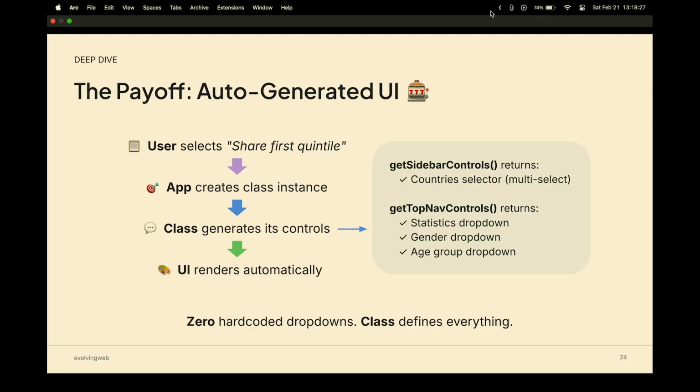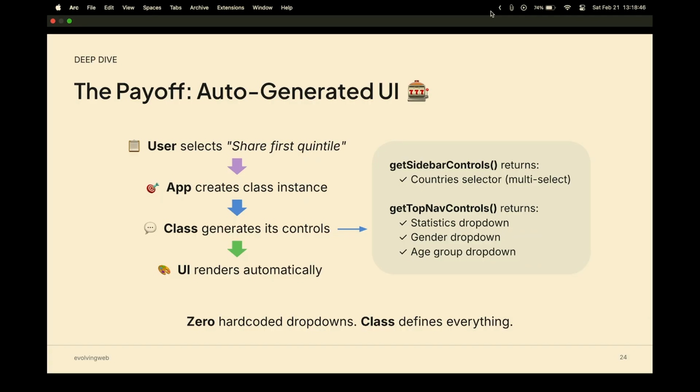Then we have the payoff. That's how the UI is auto-generated. First the user selects a statistic, let's say share flows compile. Then the app creates a class instance, and the class then generates its controls.